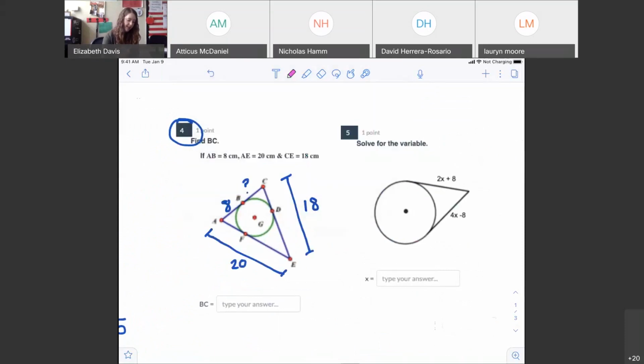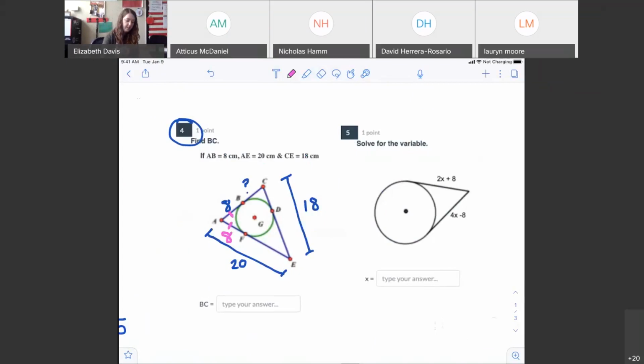So we're actually going to start with AB, this 8. What will AB be equal to? AF. Very good. So we know this piece is 8 as well.